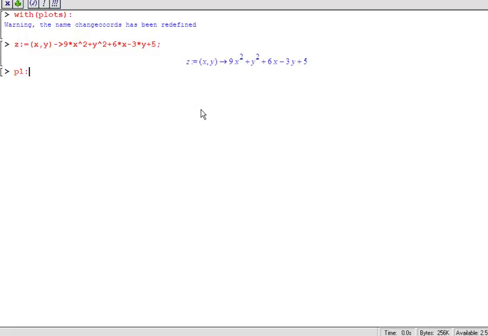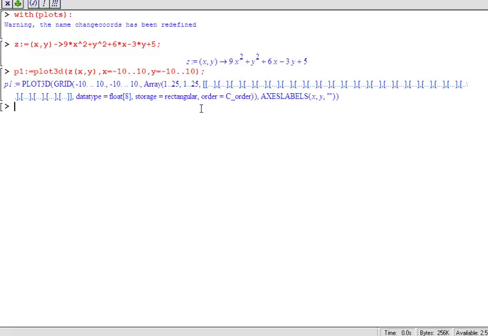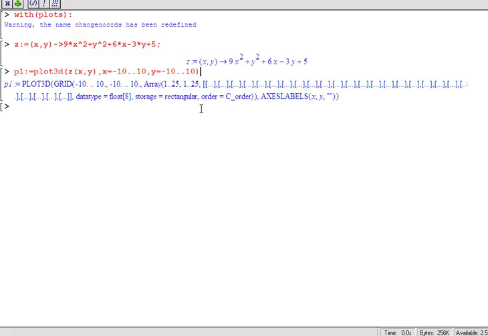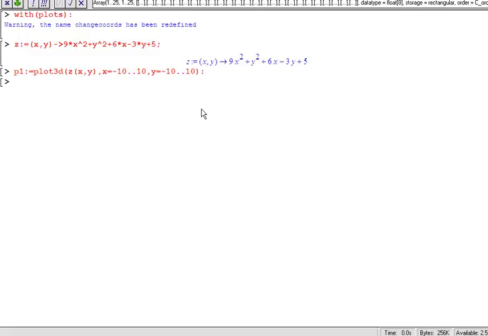P1, I'm going to define it to be a three-dimensional plot of z. And let me say x is negative 10 to 10. We might have to adjust the domain and range. We don't really want the output for that.